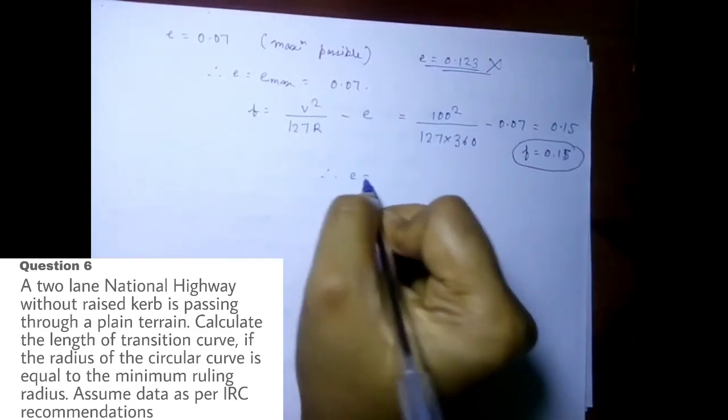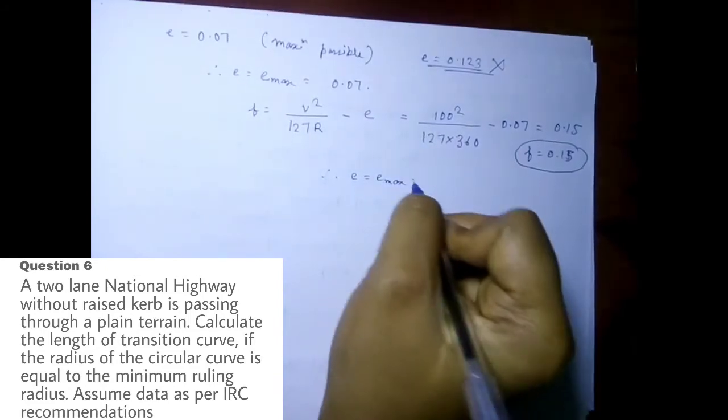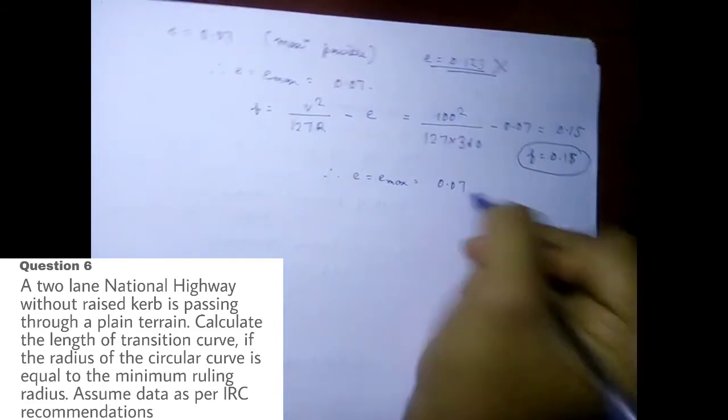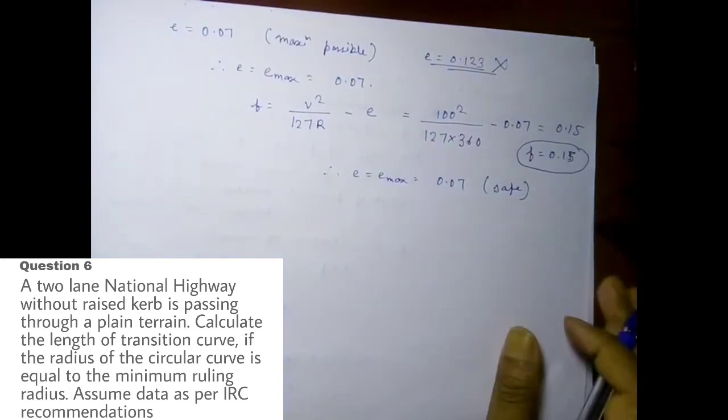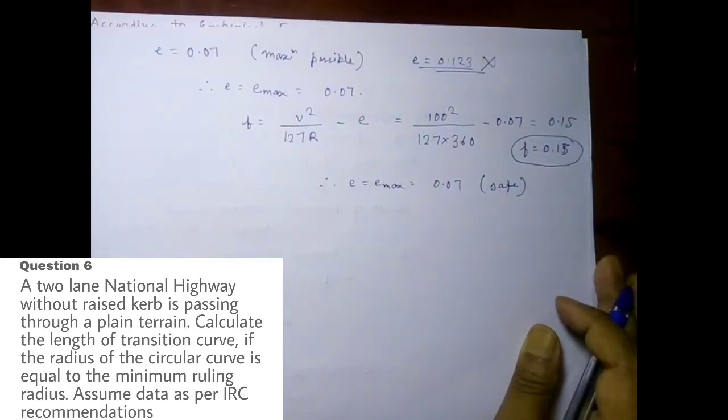Therefore E is equal to E max equal to 0.07 is safe for vehicles traveling through that national highway.